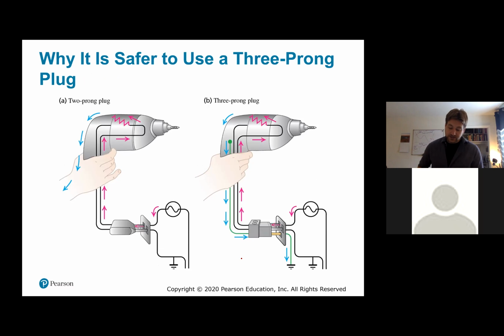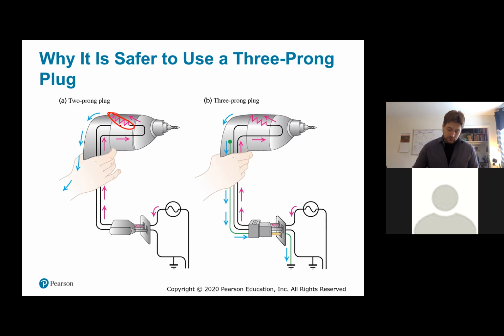Suppose you have a device, maybe it's a hairdryer or a drill or something. This one's a drill. Suppose we accidentally make an electrical connection with the housing of the drill itself.